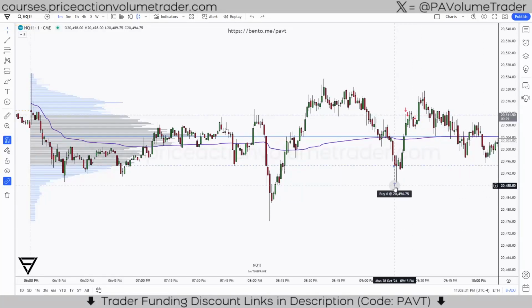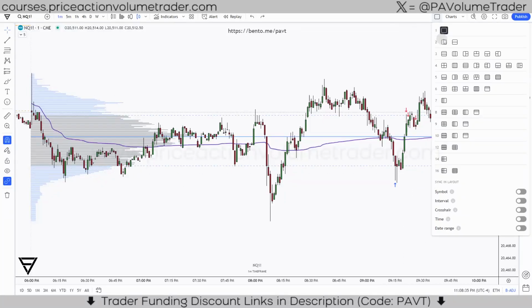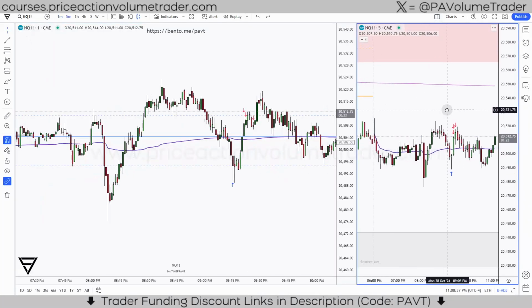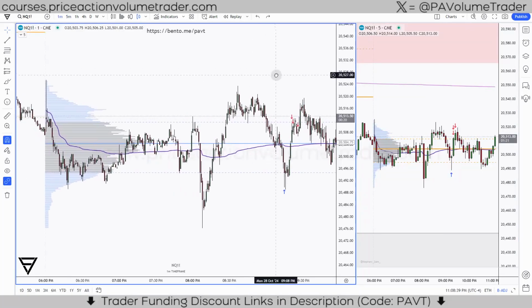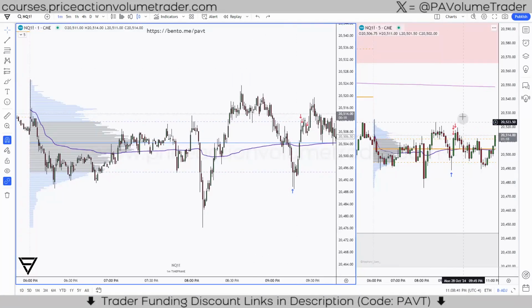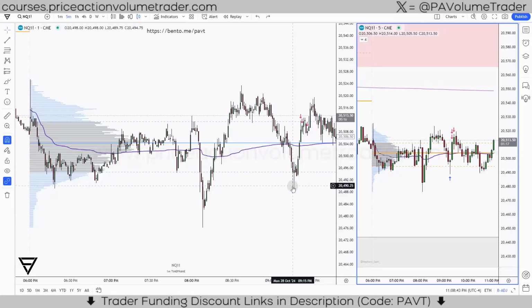So I got in at 6 contracts right over here. Now let me split the screen. So we have 1 minute on one side and 5 minutes here. When I got in, you can see I got in at 9:15. So I was waiting for the 5-minute close.